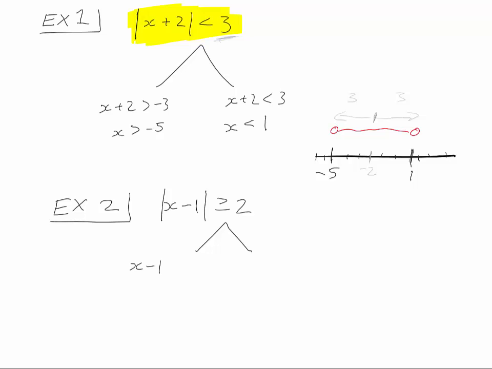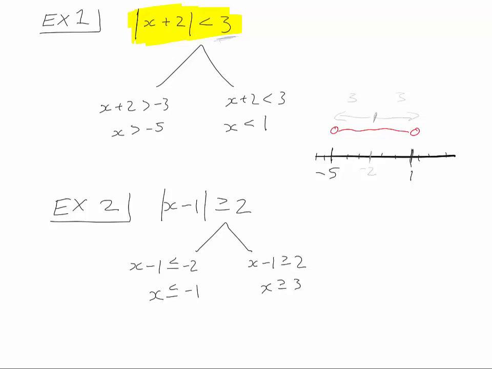We have x minus 1, flip the sign, and make that negative 2. And then on the right-hand side, we go x minus 1 is equal to or greater than 2, just as it was before, just without the absolute value. Now we just add 1 to both sides, and we have x must be equal to or less than negative 1, and then x must be equal to or greater than 3.